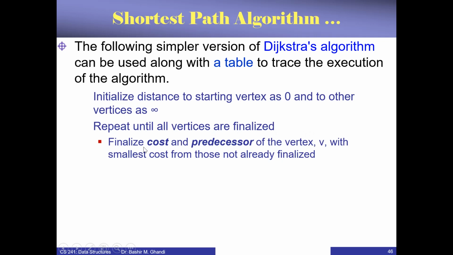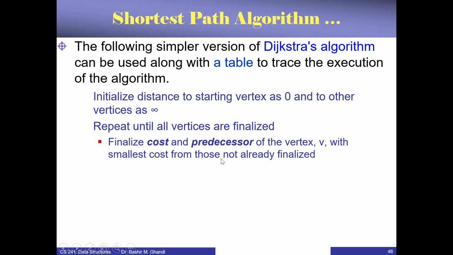You finalize the cost and predecessor of the vertex V with the smallest cost from those that you have not yet finalized, because after each loop here we will be finalizing one vertex.